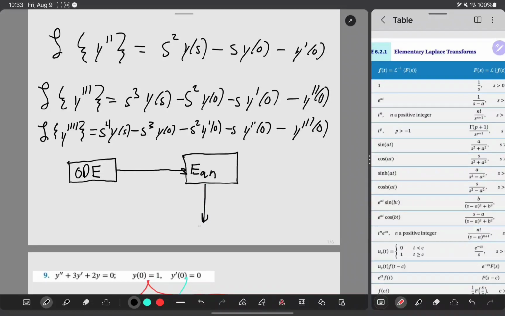We get our solution, which is Y of s. We then take the inverse Laplace to get our y of t.